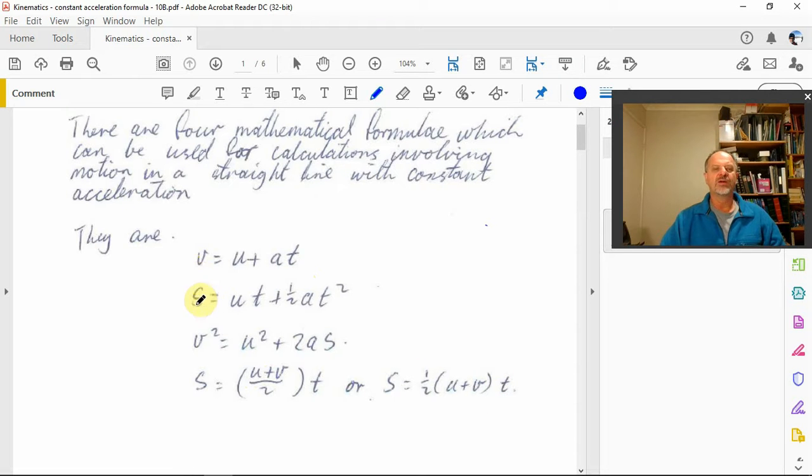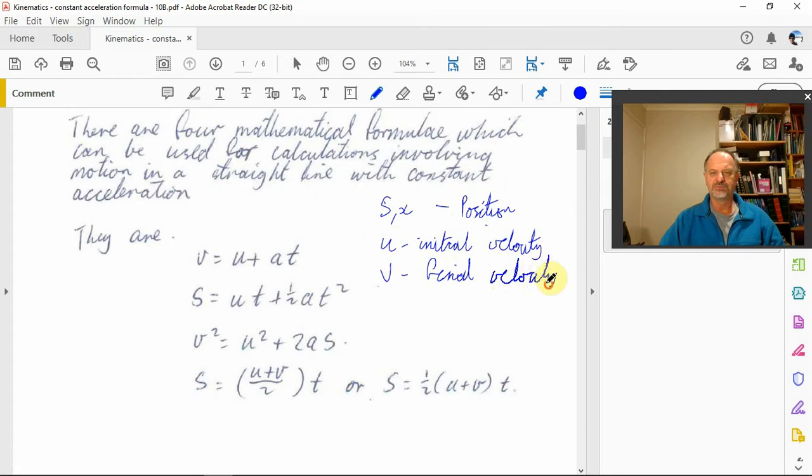So what do all these symbols mean? So s, sometimes you see it as x, is our position. u is our initial velocity, speed. v is our final velocity. a, of course, is acceleration.